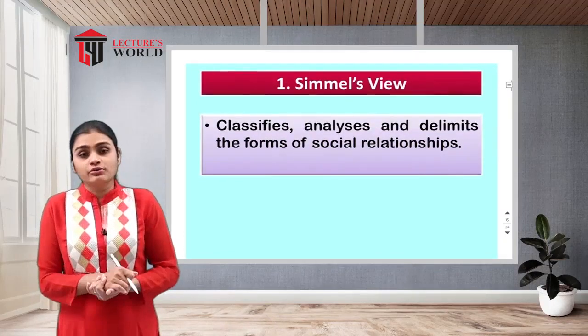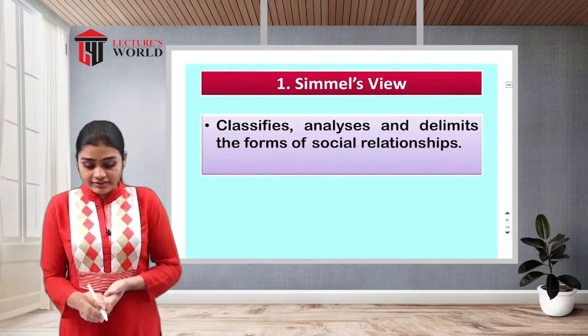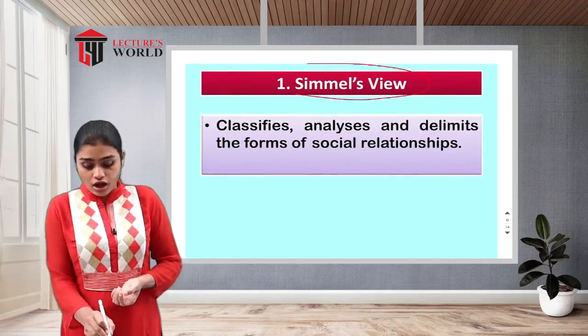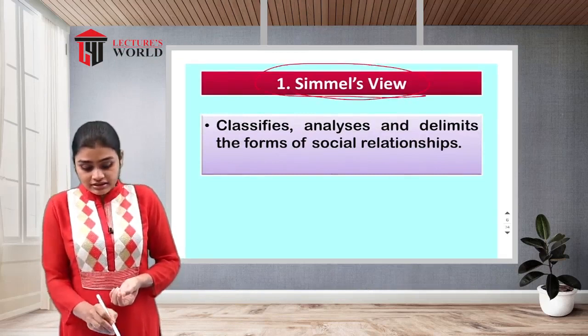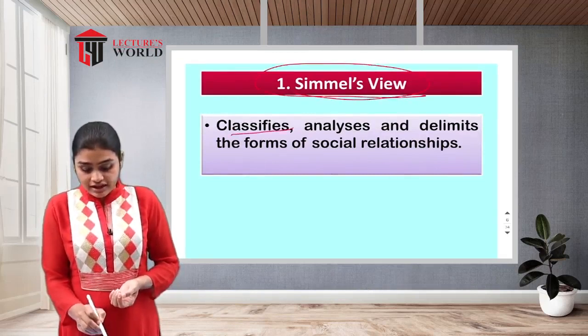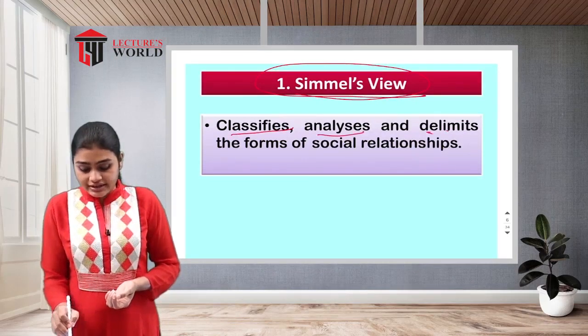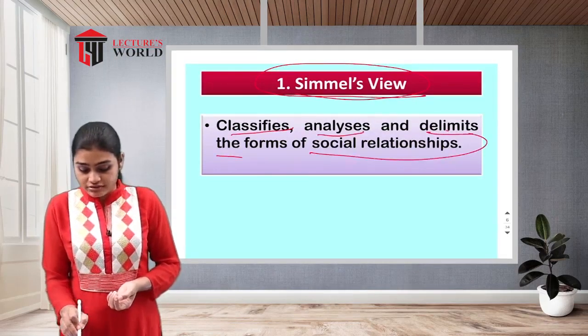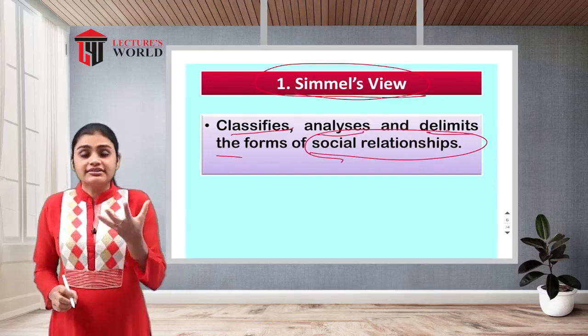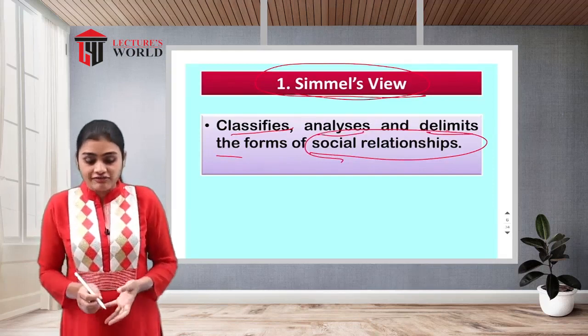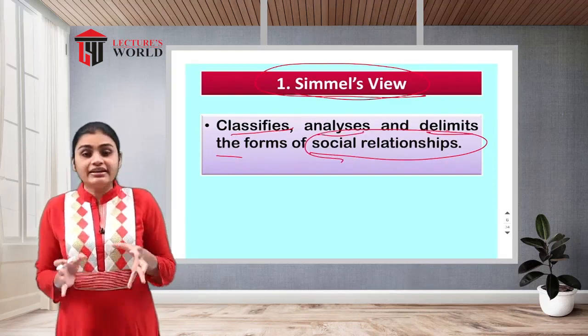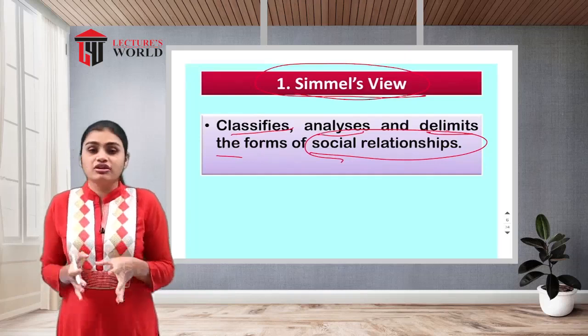The first sociologist we have is Simmel. According to Simmel, he classifies, analyzes, and delimits the forms of social relationships. Simmel believed in classifying, analyzing, and delimiting the forms of social relationship.